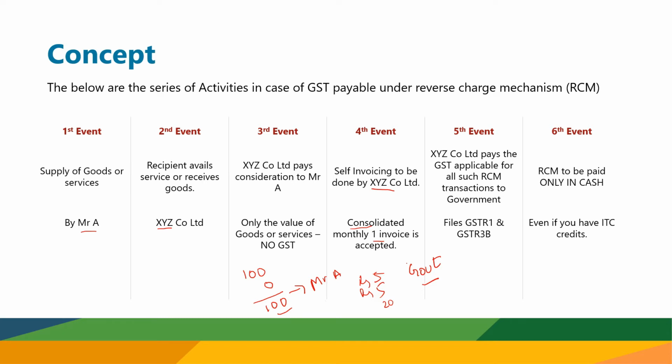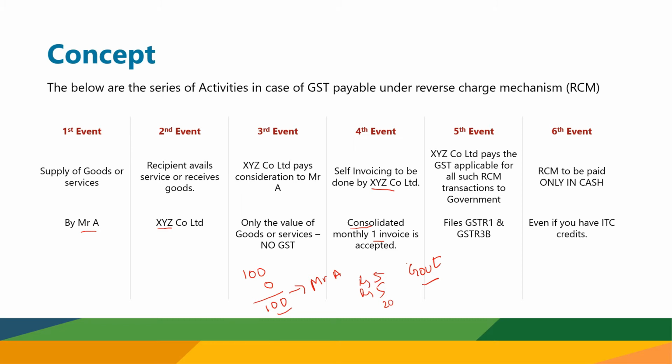That is, the recipient pays tax to the government instead of the supplier. In earlier forward charge mechanism, supplier charges tax to the customer, collects the tax and pays the tax to the government. Here the recipient pays the tax to the government directly.